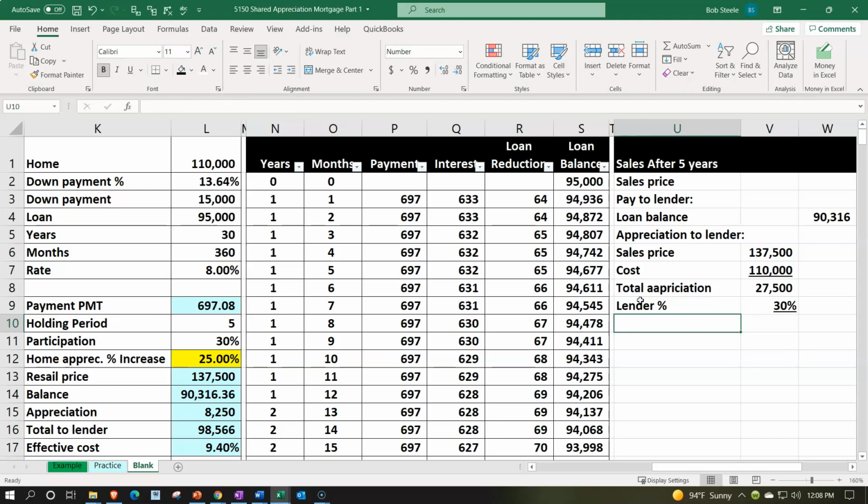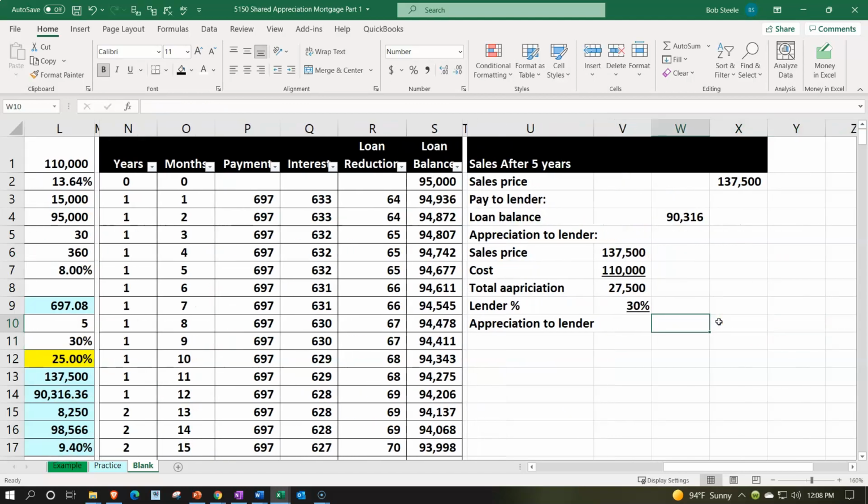Spell properly. Appreciation to lender, then the amount that we have to give the lender of the increase in the value would be equal to the 27.5 times the 30%. So that's where we got that 8,250 we got to give to the lender. Let's underline that. Font group underline.